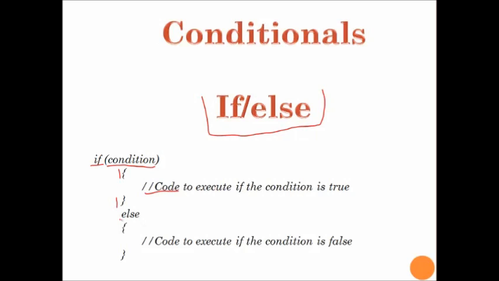Then a word that will be else, that means the thing that will happen if the condition is false, keys, and then into the keys of else the code to execute if the condition is false.